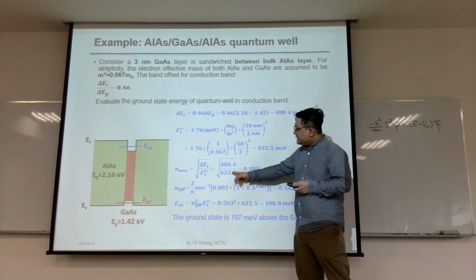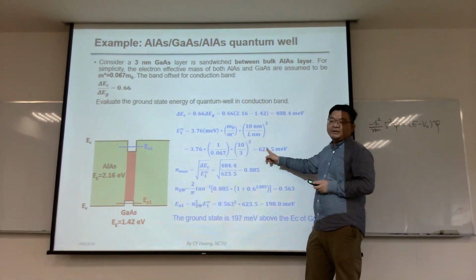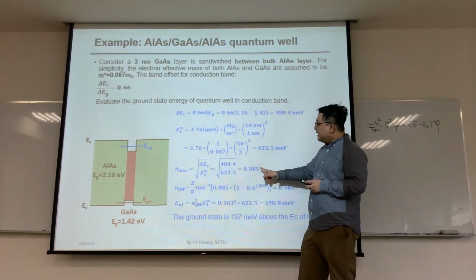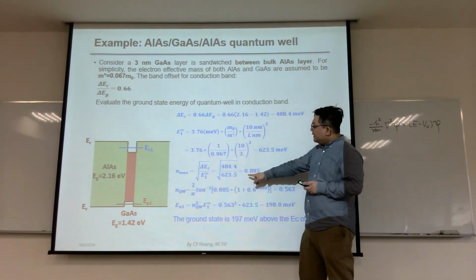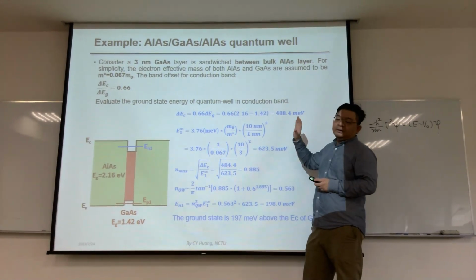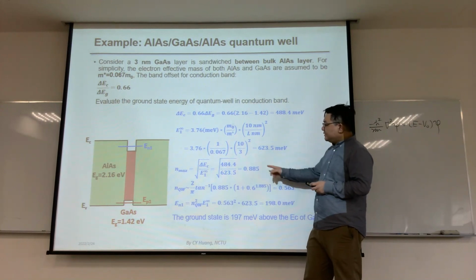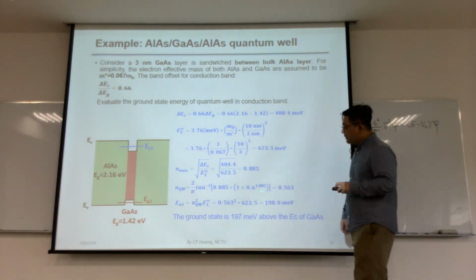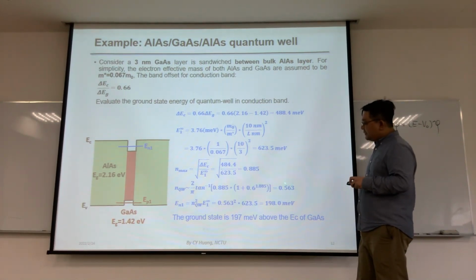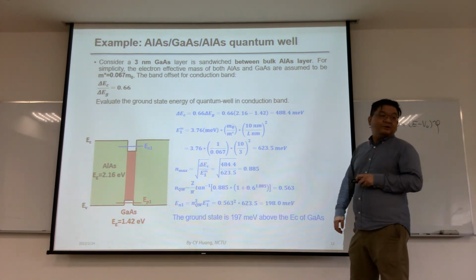In this case, we put the 488 and the 623 in, and take a square root. That means the Nmax is only 0.885 times the infinite quantum well ground state energy. So you have the Nmax, you put the number in, you have NQW, then you put it back and you have the solution.